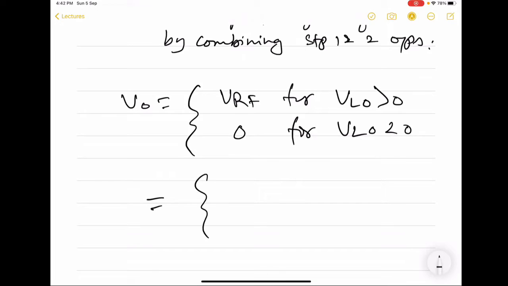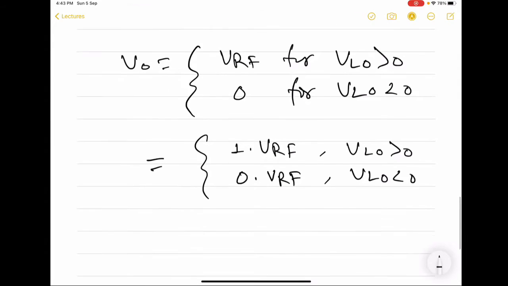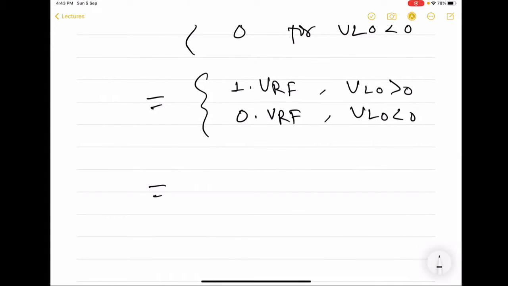So here we can write both halves in terms of RF. The first half can be written as 1 into VRF, the second half as 0 into VRF. Since RF is common, one can take RF outside, and what we are left with is 1 for VLO greater than 0, 0 for VLO less than 0.